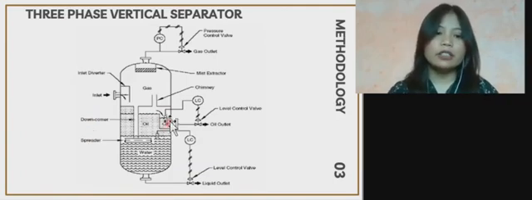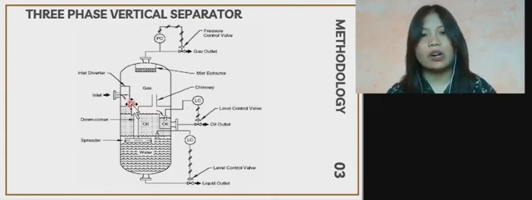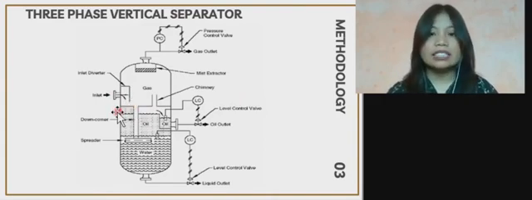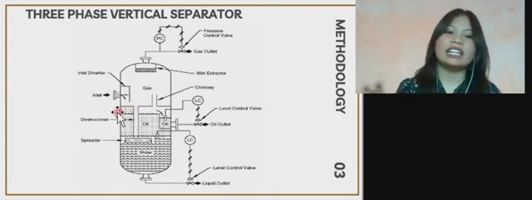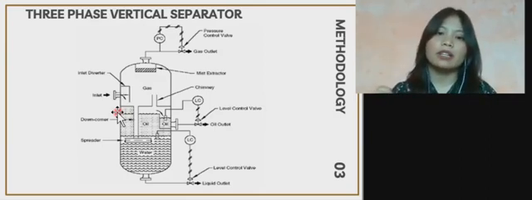But the fluid flow of the separation is almost the same, just a little bit different. The flow enters the vessel through the side, just like in the horizontal separator, and then the inlet diverter separates the gas.